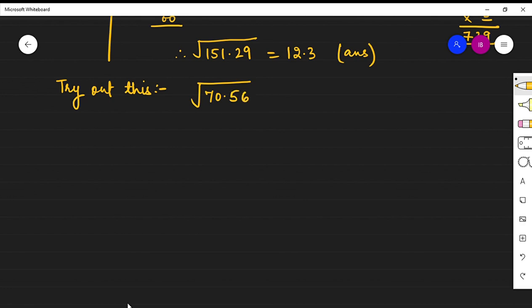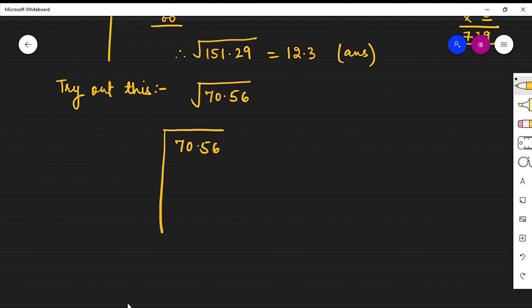Take a break, take a pause and try to find out the square root of 70.56 on your own. Okay, I hope you have done the calculations and you have got the square root. If you have, well done. If you have not, don't worry, maths is all about practice. We can try it together.